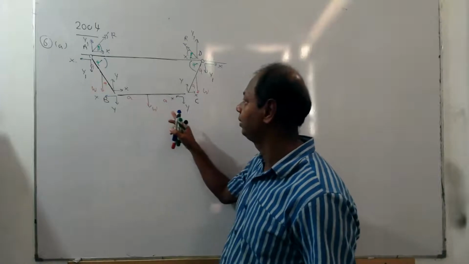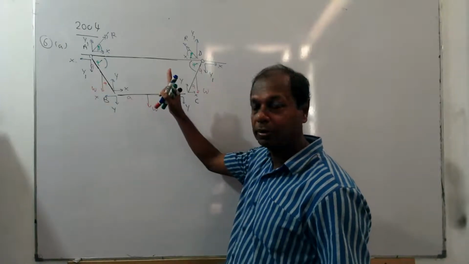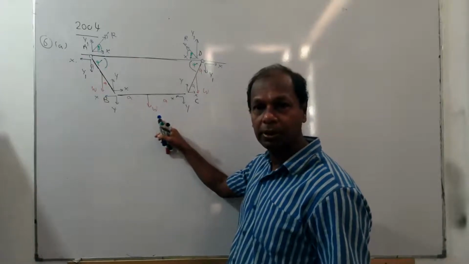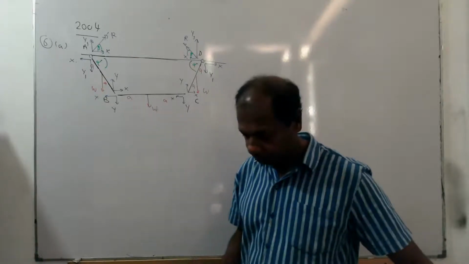Just consider BC. Resolve vertically, you get 2Y equals W, that is Y equals minus W over 2.